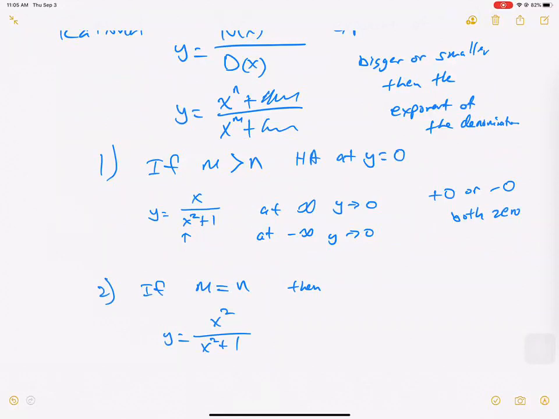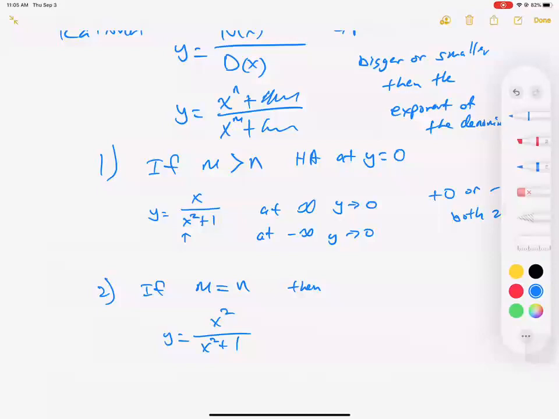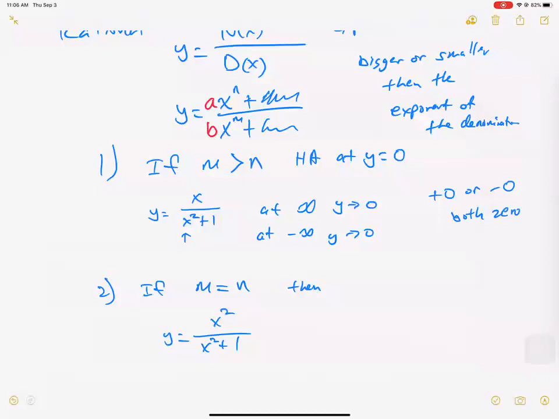We're going to go back up here and call these A and B, just the front coefficients. Keeping this simple. Then the horizontal asymptote is y equals A over B. It's just a fraction, and many of you might remember this rule.